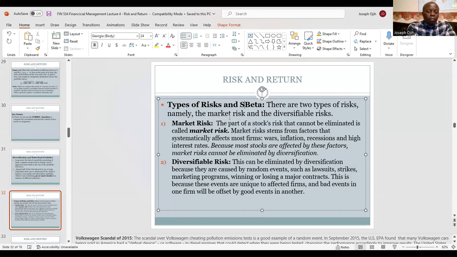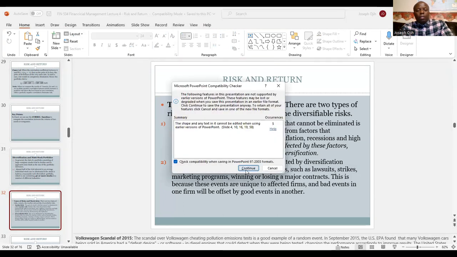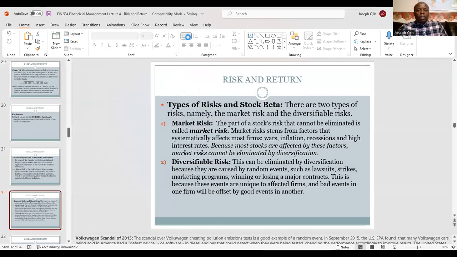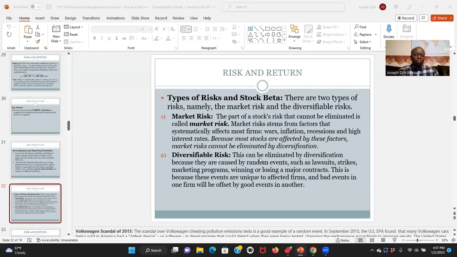So we'll be looking at these two things. I hope you can see my screen. All right, let's make sure you can see it, and then we can begin. So we'll be looking at types of risk and then stock beta.